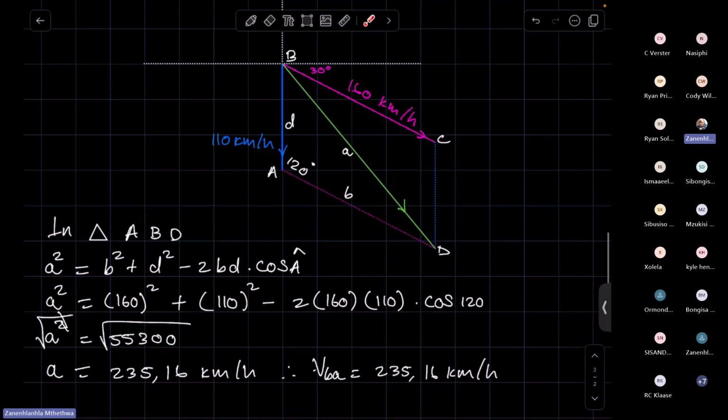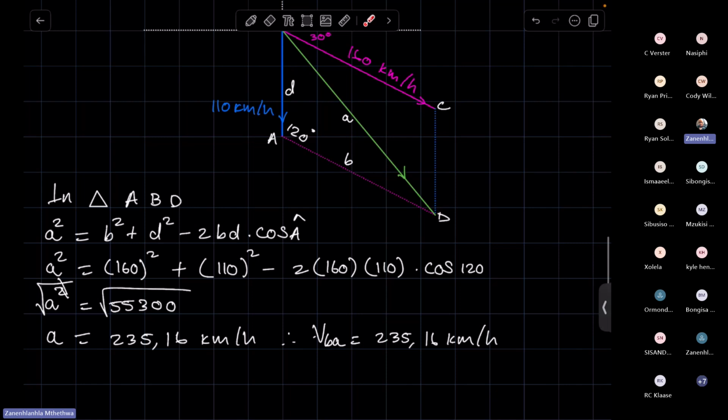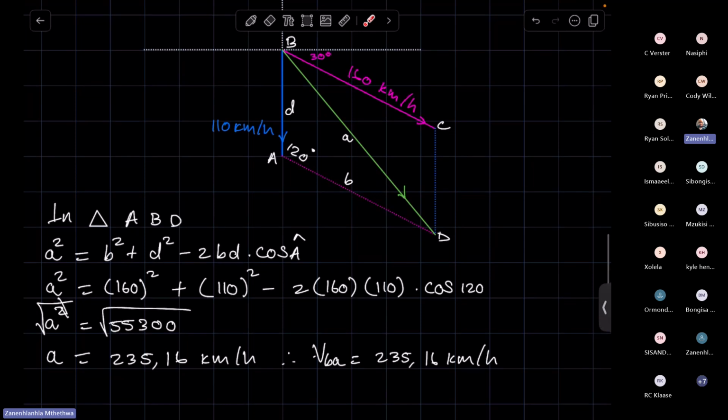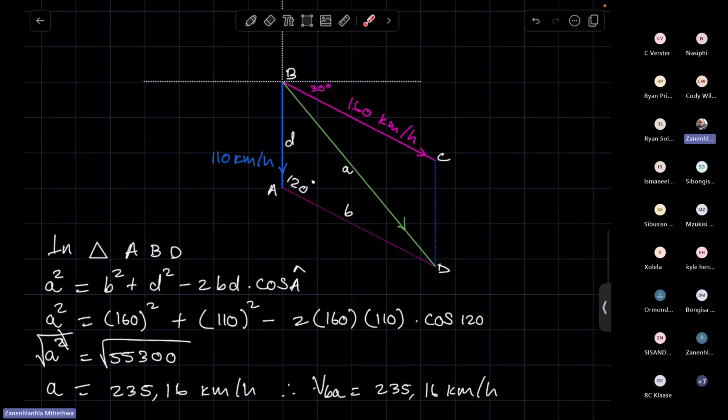So you have the magnitude of the resultant, VBA. But as we know, velocity is a vector, so we need direction as well. And our direction is going to be referenced from the x-axis.